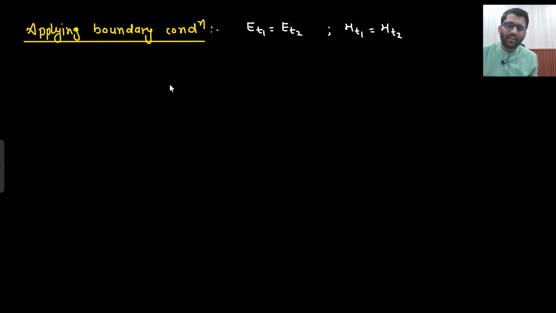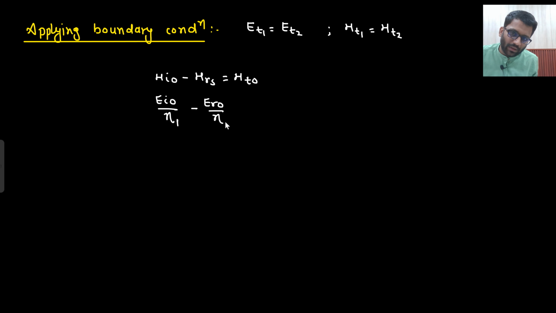So I can write HIO minus HRO is equal to HTO. So EIO divided by eta 1 minus ERO divided by eta 1 is equal to ETO divided by eta 2. Is that clear to you? This is equation 1.